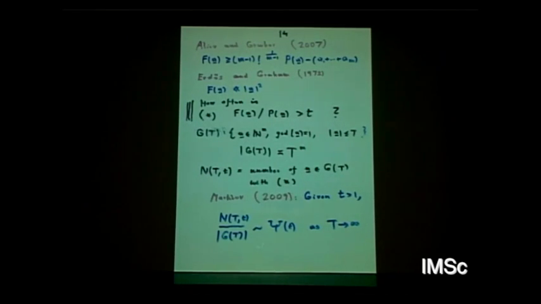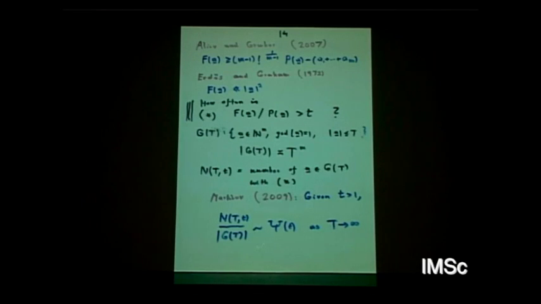Now, to make sense of this, we have to have some set of n-tuples that we can talk about and average over. So take the simplest we can think of: G of T, where capital T is given, consists of all n-tuples which are relatively prime and which have, let's say, maximum norm not bigger than T. Okay, so the set is a cube here, and despite asking them to be coprime, you see the cardinality is essentially T to the n.